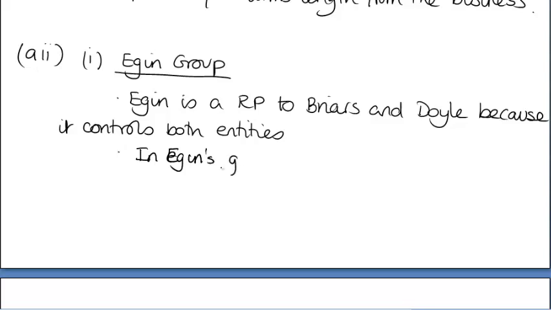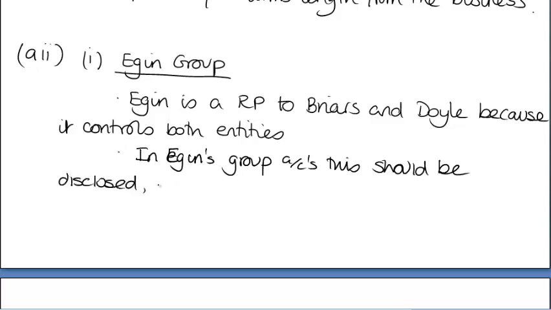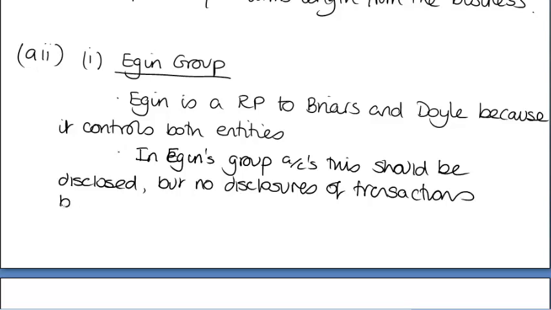In Egin's group accounts, this should be disclosed. But there will be no disclosures of transactions, because they are eliminated upon consolidation.